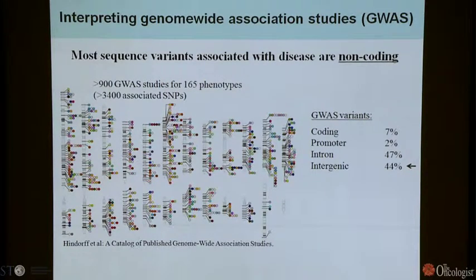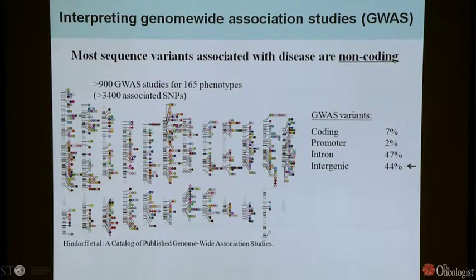Every 1,000 base pairs or so differ between individuals, and there are a number of studies ongoing to identify that subset of variants associated with specific diseases. There have now been probably more than 1,000 different genome-wide association studies for nearly 200 different phenotypes. Through these studies, thousands of single nucleotide polymorphisms, or variants, have been identified that are associated with particular phenotypes or disease.